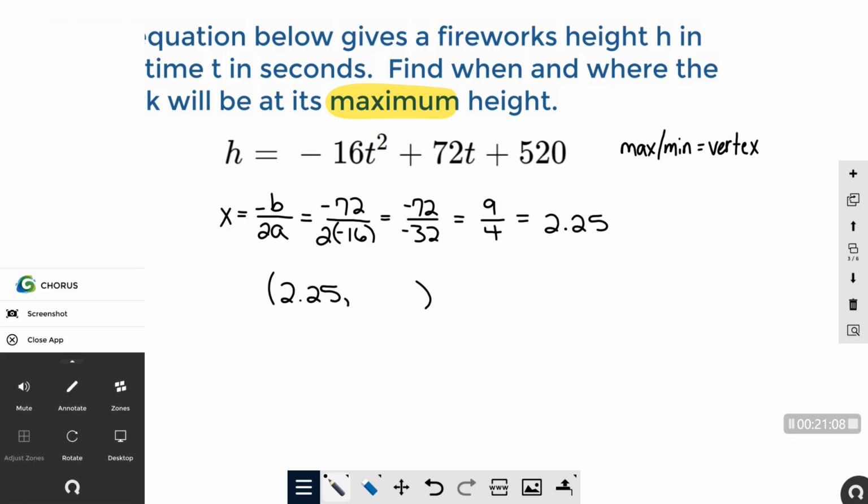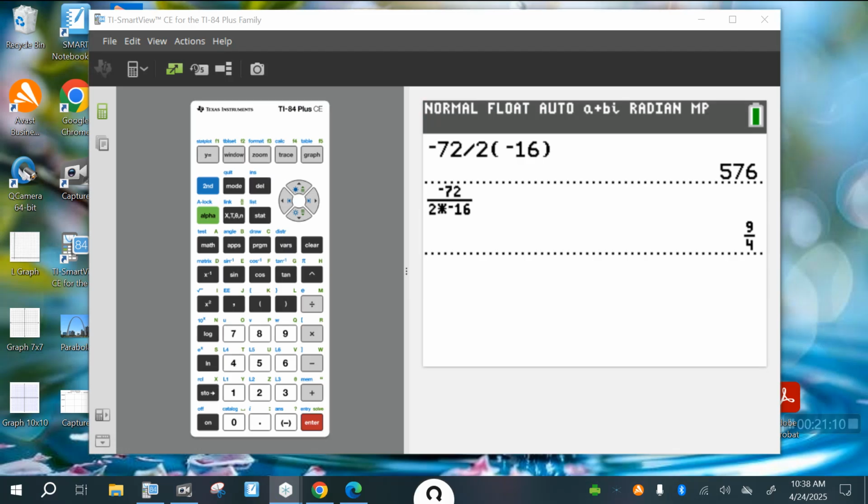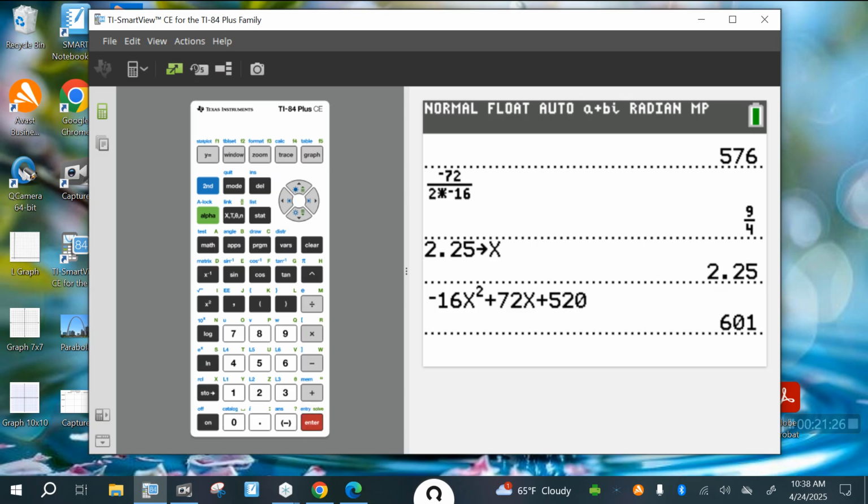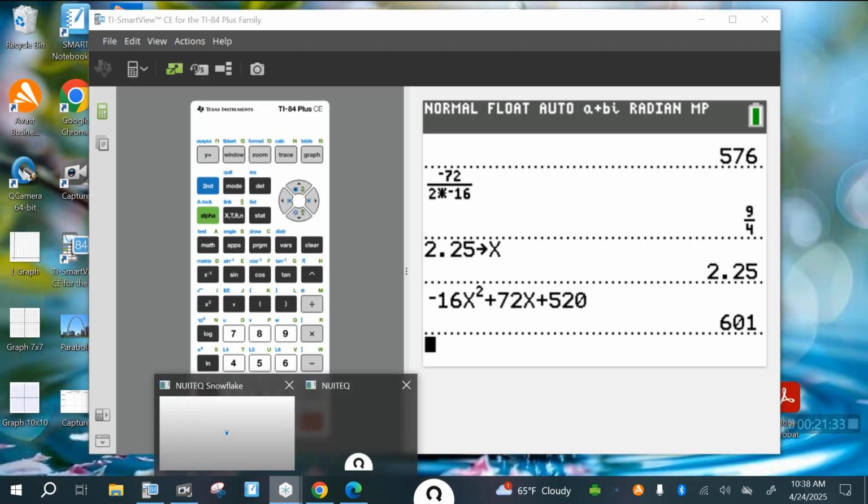So let's plug in 2.25, store it as x, and then type in that equation exactly how it looks. So -16x squared plus 72x plus 520. So our y value is 601.